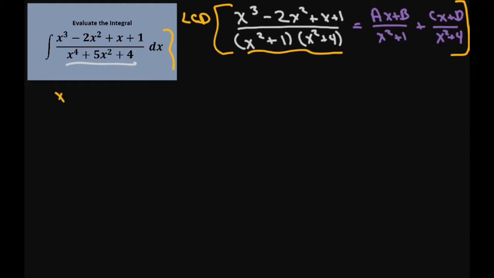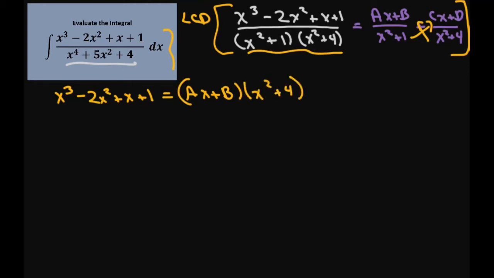and that's going to give you x cubed minus 2x squared plus x plus 1 equals, and for this piece we're just going to cross multiply. So that's going to be (ax plus b) times (x squared plus 4), and then plus (cx plus d) times (x squared plus 1). Now I'm going to copy this down and fix this up a little bit.